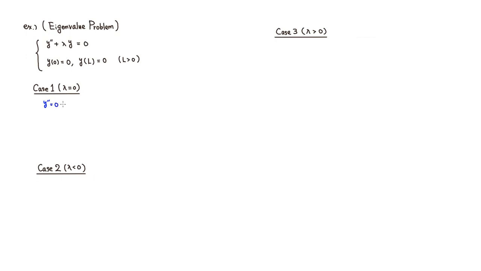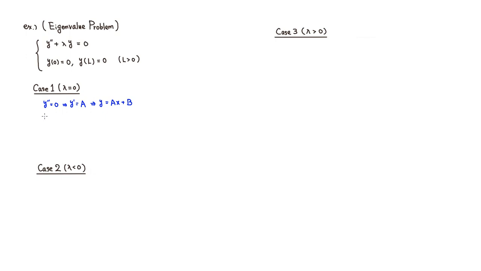By taking the antiderivative, we know that y prime is going to be some constant, maybe a. Then by taking another antiderivative, y has to be ax plus another constant, b. So the solution should be a linear function.